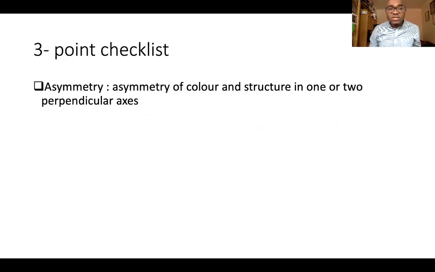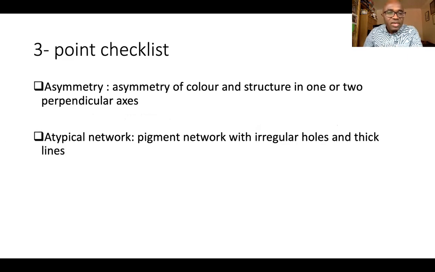So let's go into details. The 3-point checklist talks about asymmetry, and as I said to you, asymmetry is of the color and structures in 1 or 2 perpendicular axes. So color and structures. And then the second part is atypical network, whether the pigment network has regular holes or thick lines.